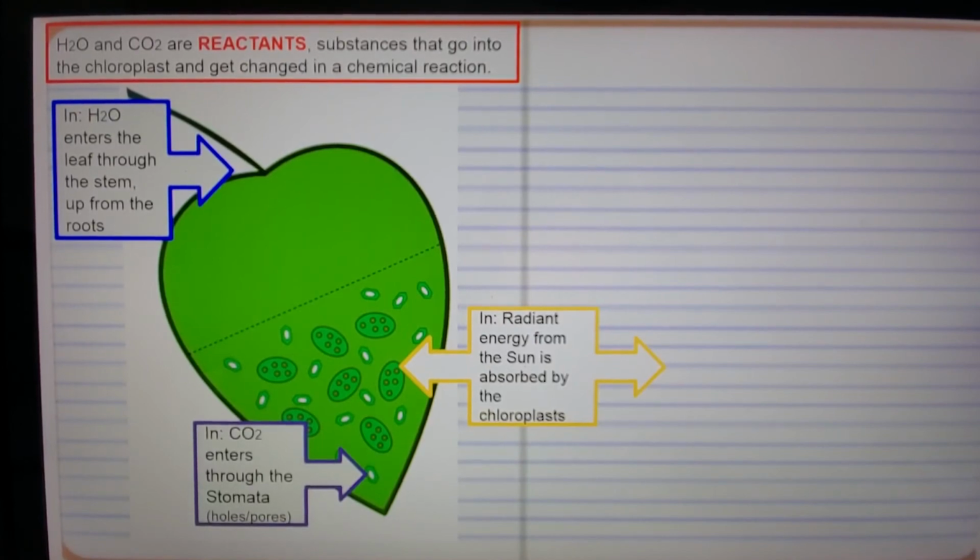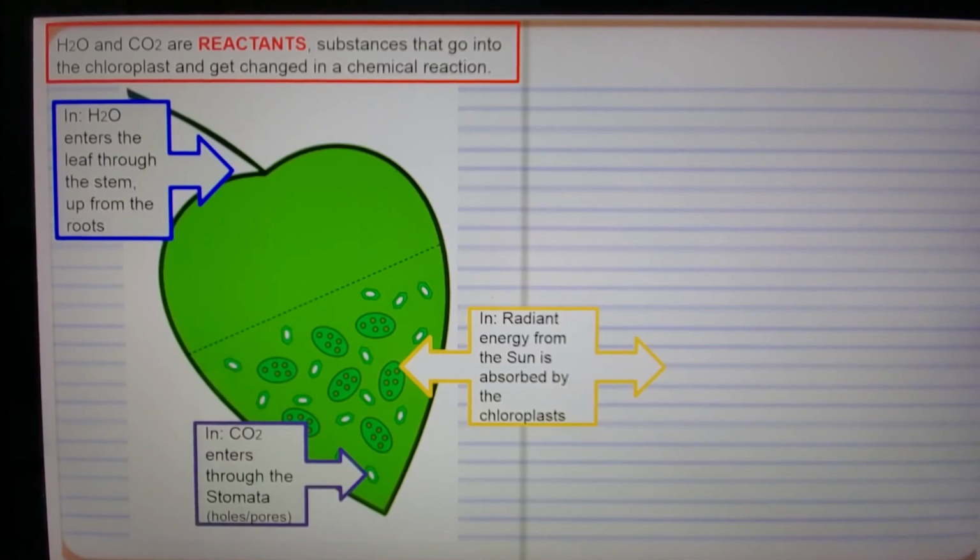You do need to add that definition up on top of the page. What this should tell you is that carbon dioxide and water are both reactants. When they go into the chloroplast, they're going to be changed into something different. And we're going to find out what that is. Well, I'll tell you now. The thing they're going to become is glucose.